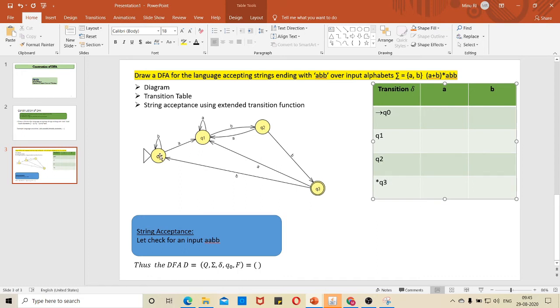It starts from Q0 and ends with Q3. So, Q0 is the initial state, so use an arrow mark. Q3 is a final state, so use a star over here.